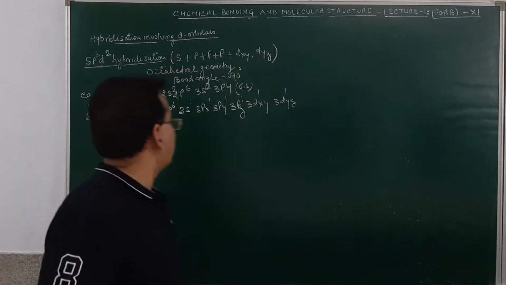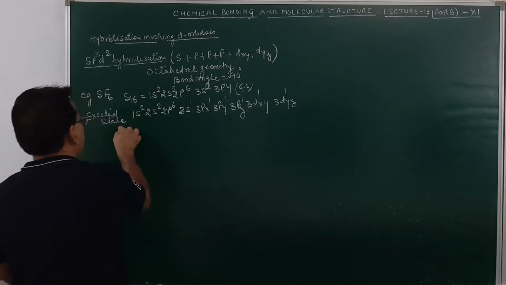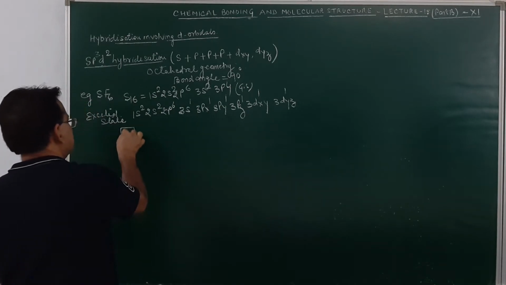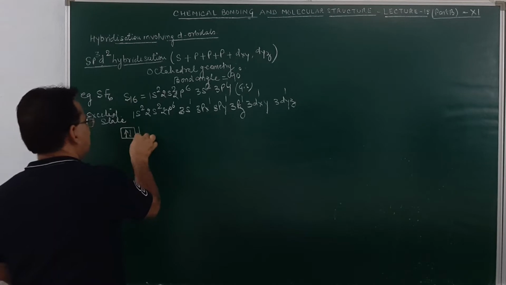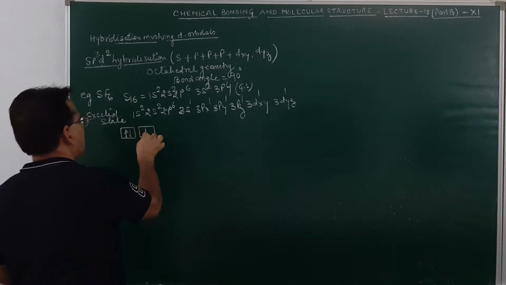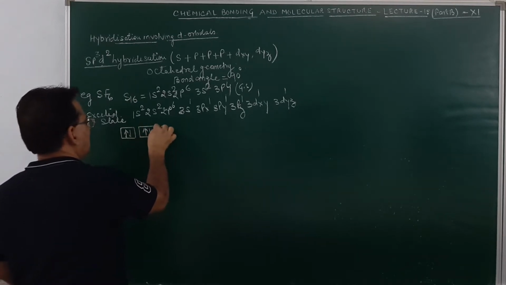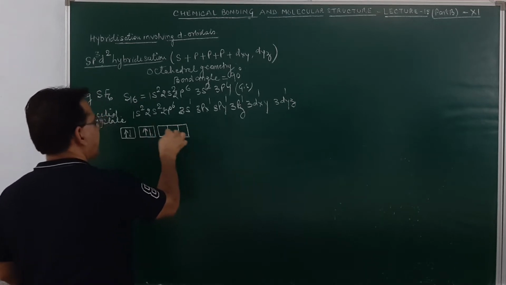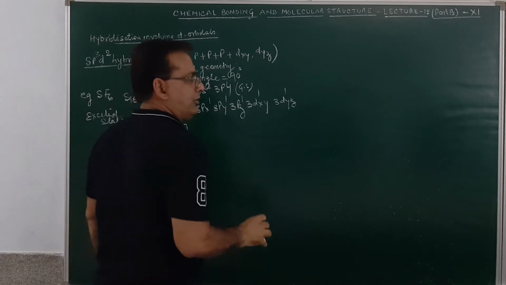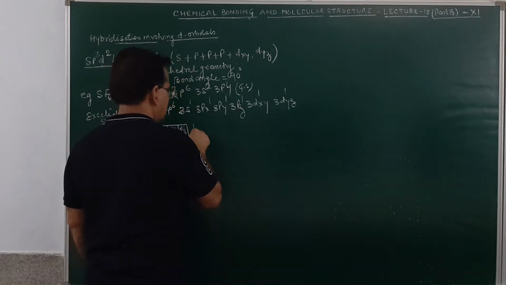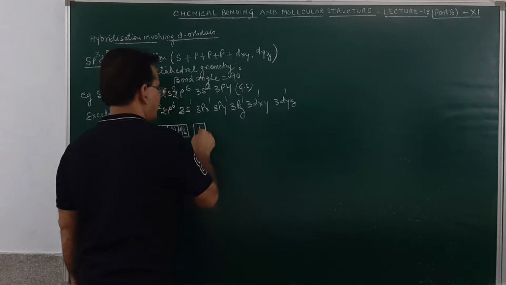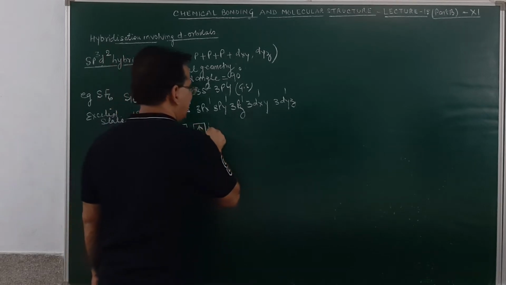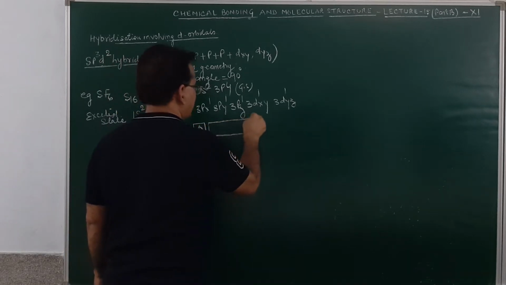Now, when the overlapping occurs, this will be 1s2, then 2s2, then 2p6, then we have 3s1, 3px1, 3py1 and 3pz1.